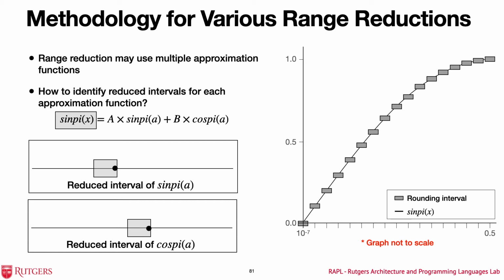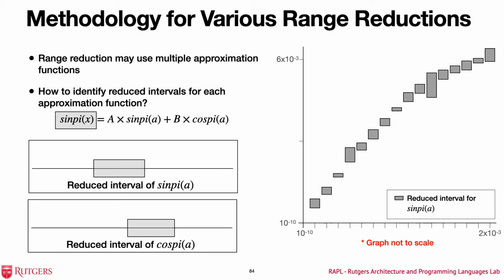Similarly, for the upper bound, we gradually increase the upper bound of both reduced intervals at the same time while making sure that the upper bound will produce the correctly rounded result when it is used with the output compensation function. If the output compensation function is a monotonically increasing function, like in our example, our methodology guarantees that any value in the reduced interval will produce the correctly rounded result if it is used with the output compensation function.